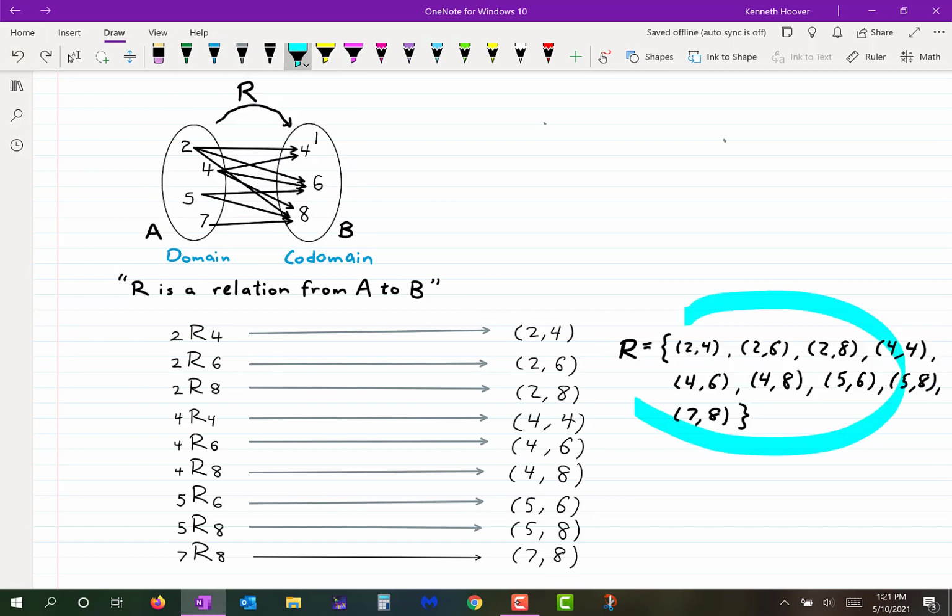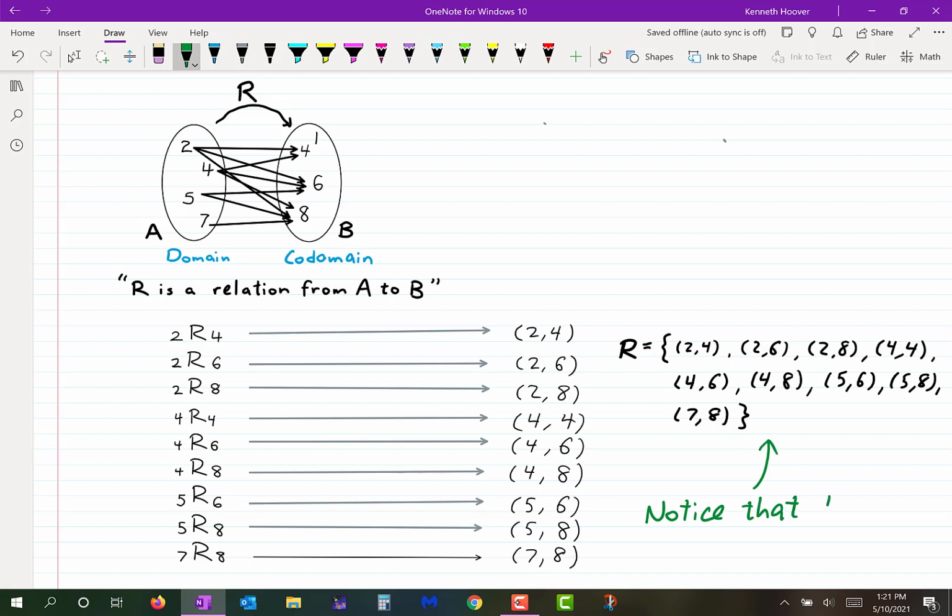Now, I want you to notice something really important. If I write the relation this way, what is that? That's just a set of ordered pairs, right? Do you notice that this is a subset of the Cartesian product of A with B. So this is really important for you to understand.